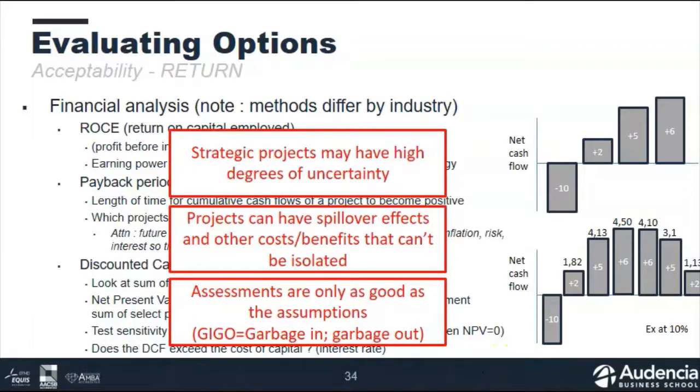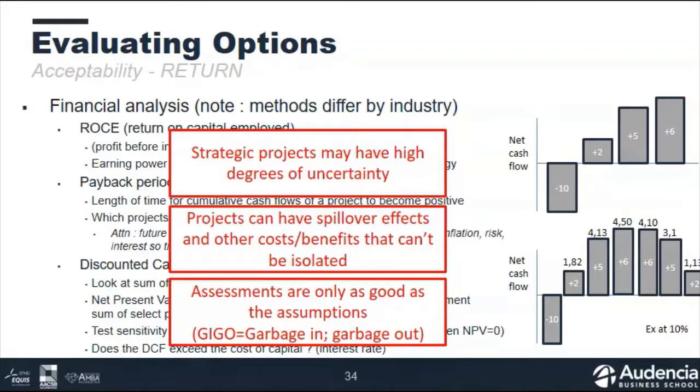Be careful when you use this type of financial analysis. Strategic projects may have high degrees of uncertainty, so a lot of these projections are very, very uncertain. Secondly, projects can have spillover effects and other cost benefits that can't be isolated.